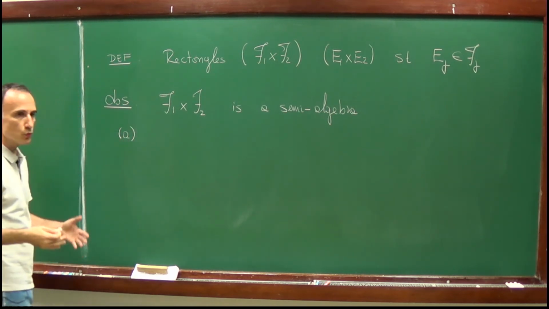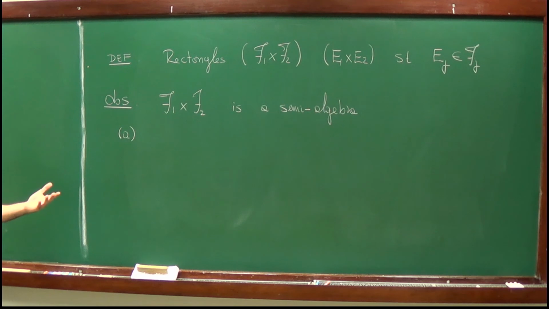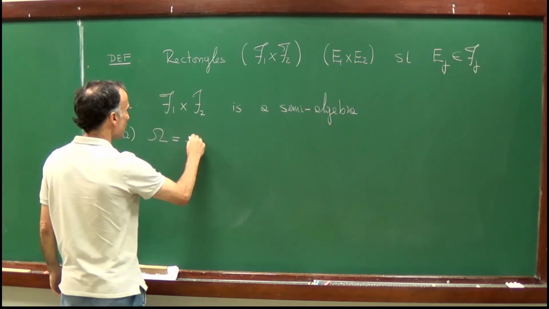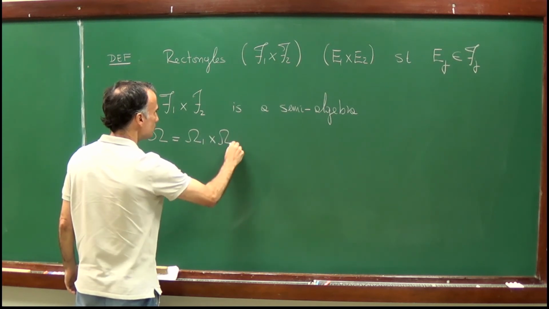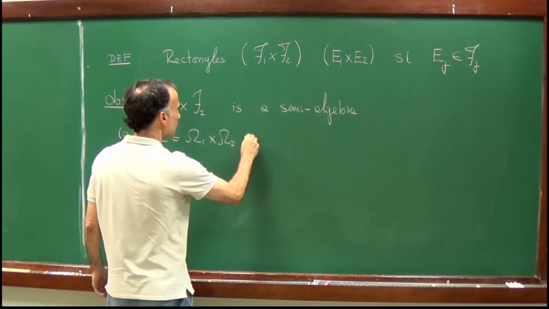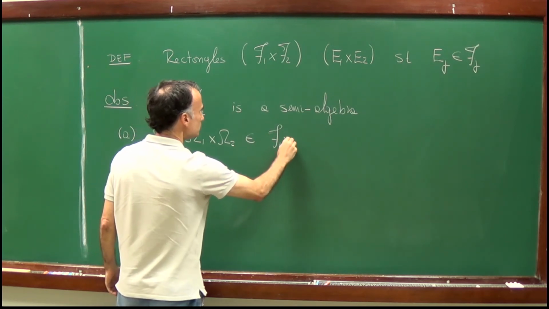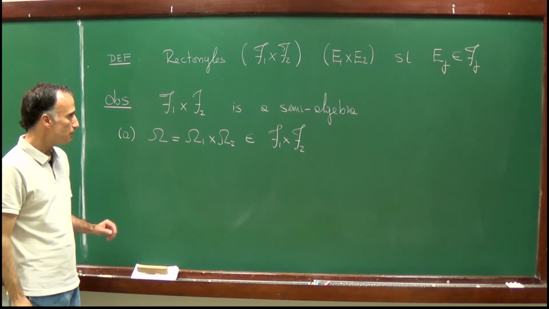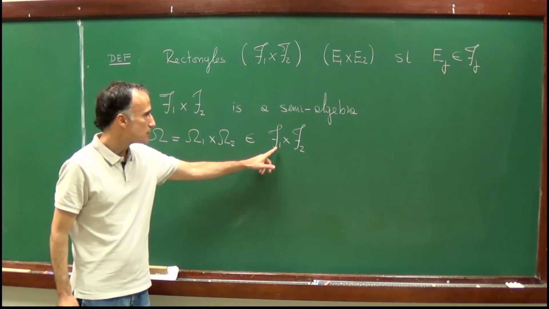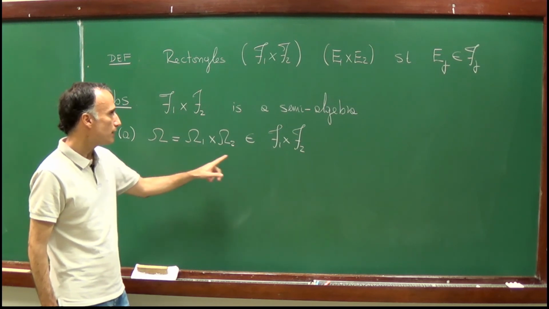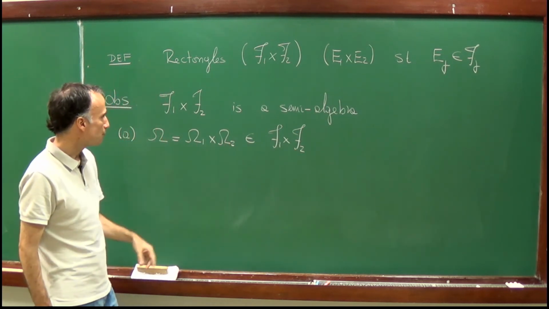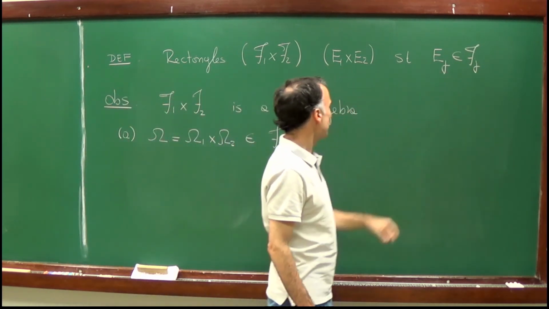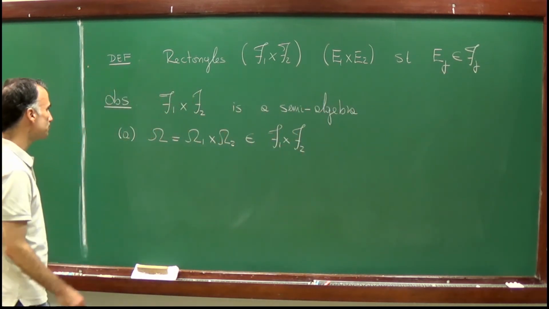So remember, we have to prove two properties. The first one is that the set Omega, which is Omega 1 times Omega 2, belongs to F1 times F2. But this is clear because since F1 is a sigma algebra, it contains Omega 1, and F2 is a sigma algebra, it contains Omega 2. Therefore, Omega 1 times Omega 2 is a rectangle, and therefore belongs to F1 times F2.